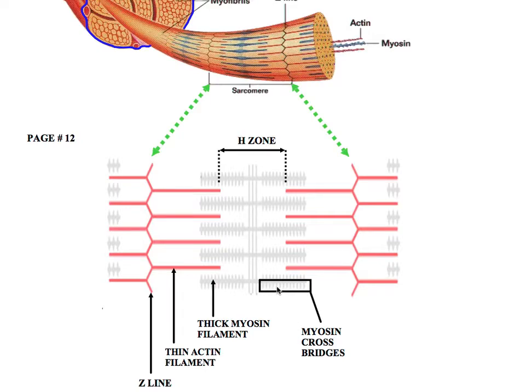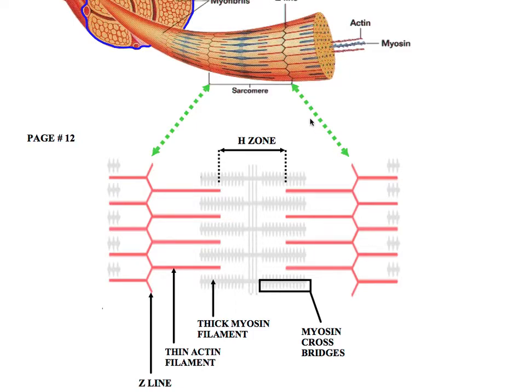And what happens during the whole process, these cross bridges connect the thick myosin to the thin actin, and under certain circumstances they fold and they pull the ends of each sarcomere closer together, and they fill up this space called the H zone, where this side will slide in and this side will slide in, decreasing the space.